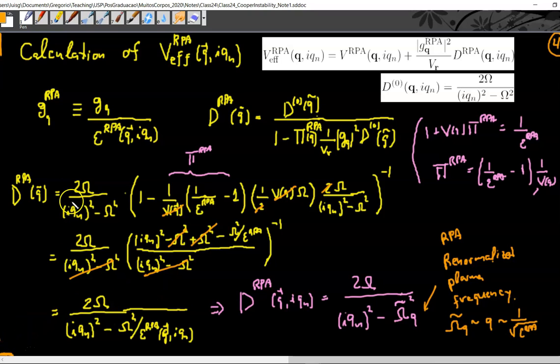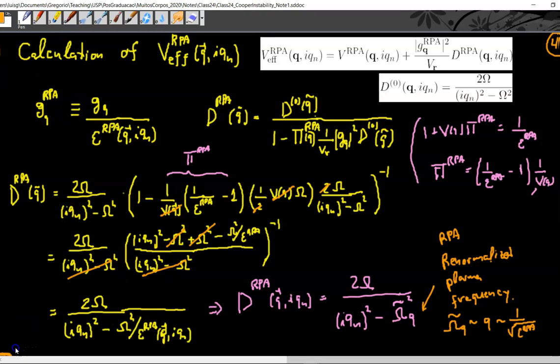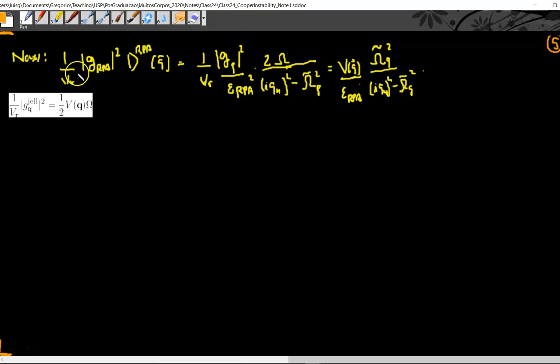And so this goes as an acoustic phonon, okay? Now, let's go to GRPA. Well, better yet, we're going to calculate the whole thing, right? That second term in V effective. So 1 over VR, the GRPA squared dRPA, which we just calculated. So this we know is GQ divided by epsilon RPA, so everything is squared.